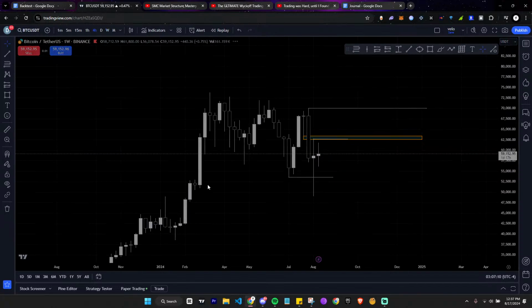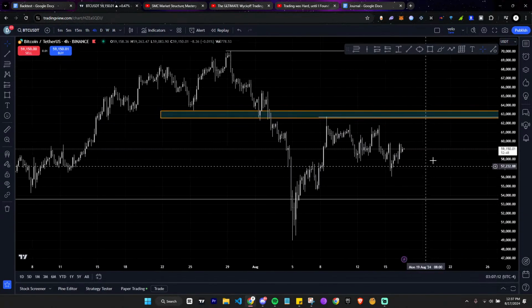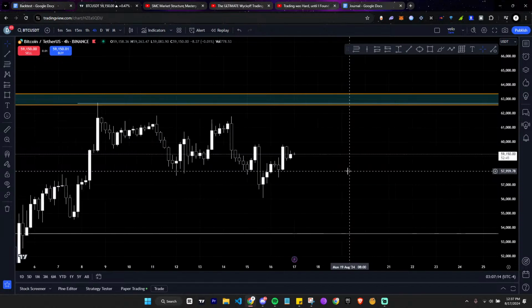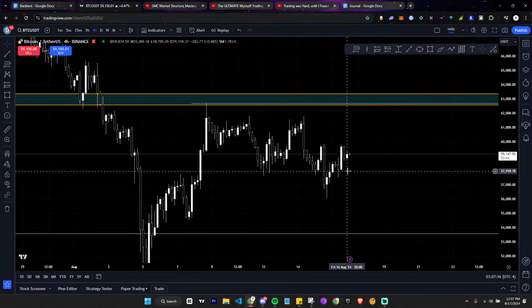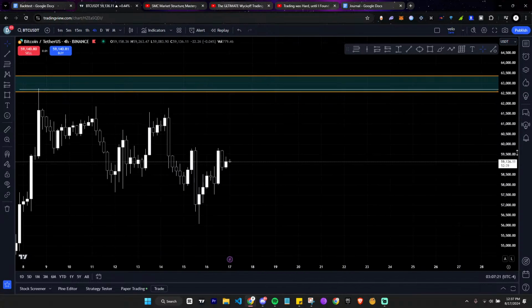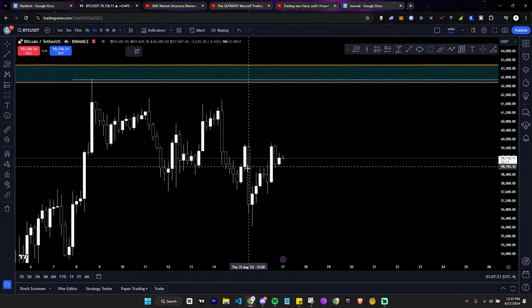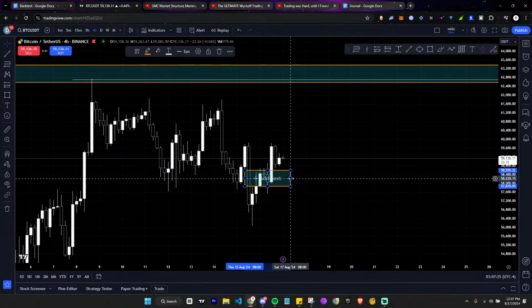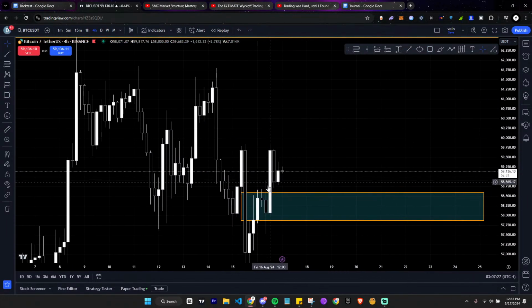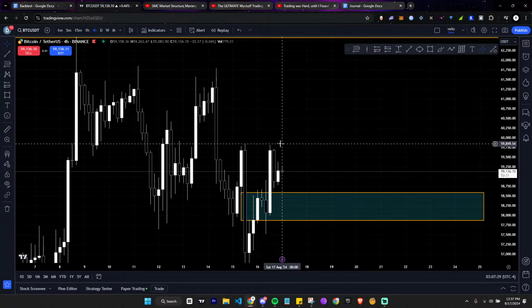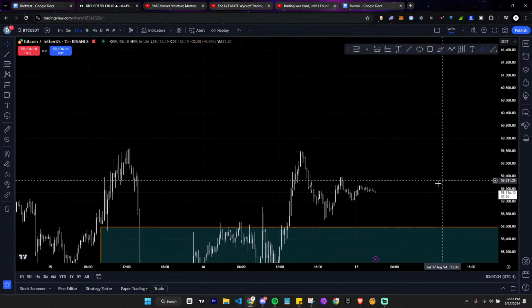But if we go to the 4-hour, you can see that we have, what do we have here? We have a fair value gap here. After sweeping this, I'm expecting price to tap back onto this fair value gap.